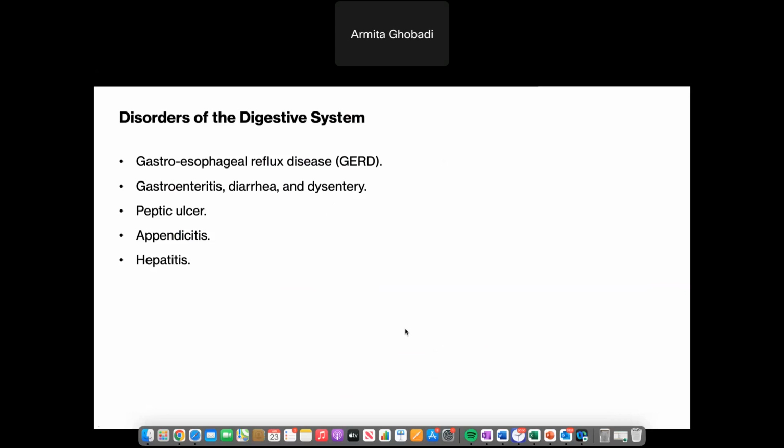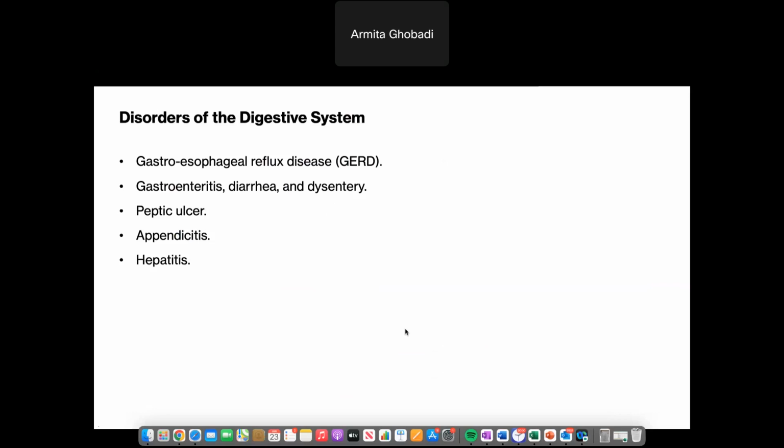Whenever you have stress or anxiety, or out of nowhere because of some food, this kind of reflux might happen, and it is very painful. I would say every disease in your digestive system is very painful, but this one is the king.